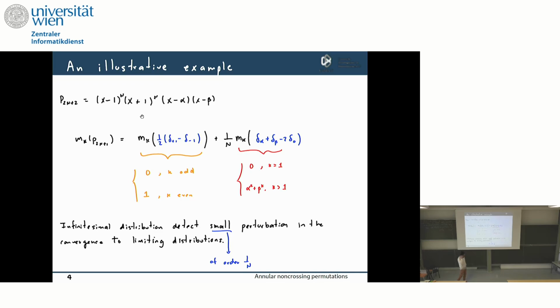I think what we can get from this is that infinitesimal distributions detect small perturbations. And by small, I mean perturbations of order 1 over n in the way we converge to limiting distributions.